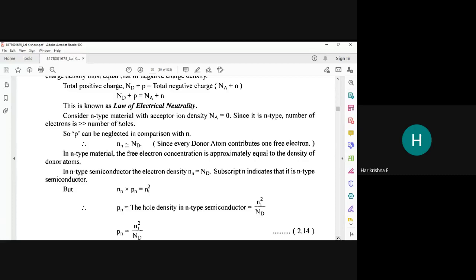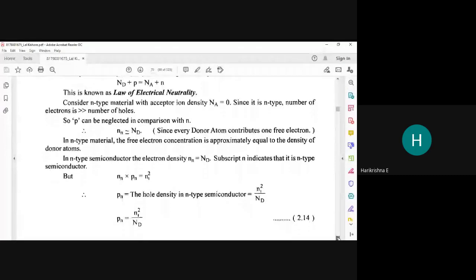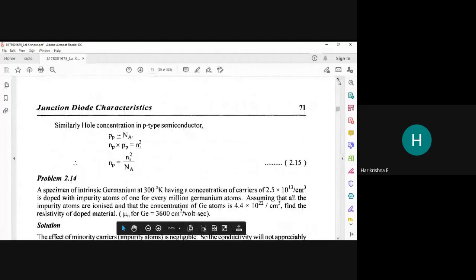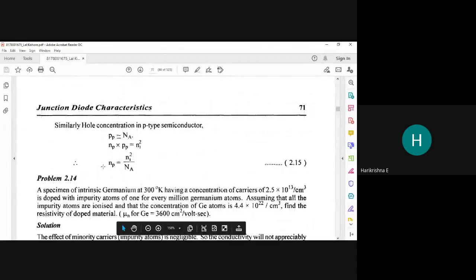Acceptor is donating a hole, so it is a negatively charged ion. So the thing we discussed till now is the hole concentration in N-type semiconductor. Similarly, Np, in a P semiconductor, electrons are minority carriers, is equal to Ni square by Na.